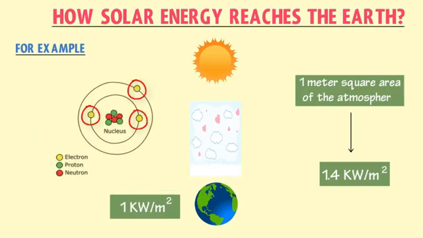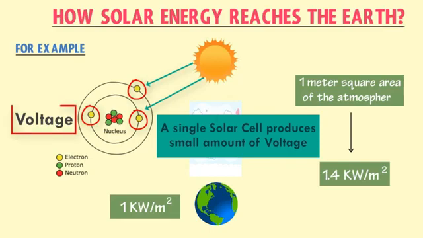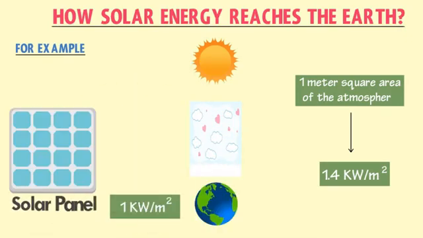Electrons in the silicon gain energy from the sunlight to create a voltage. A single photovoltaic or solar cell produces a very small amount of voltage. In order to get sufficiently high voltage for practical use, a large number of such solar cells are connected in series, forming a solar panel.